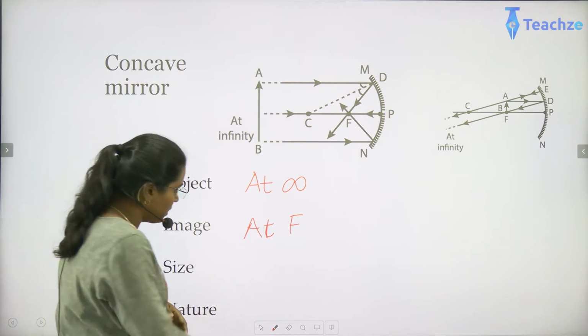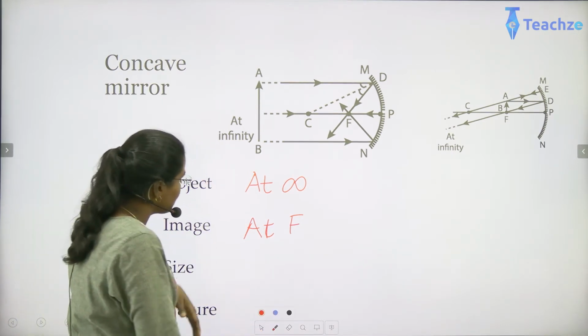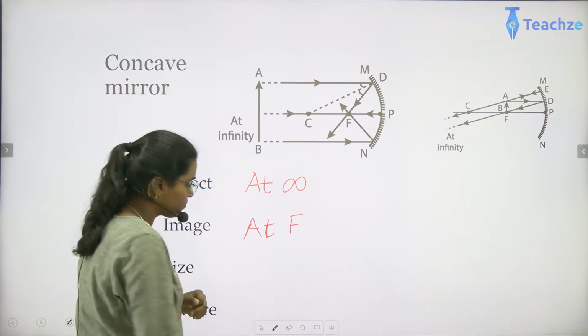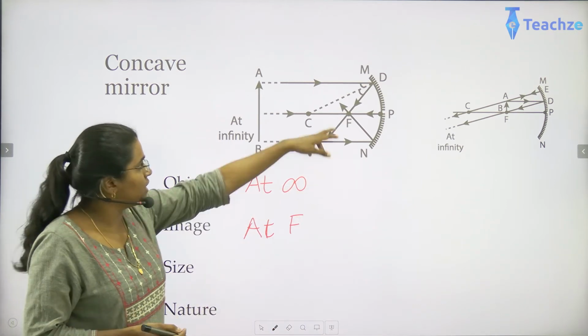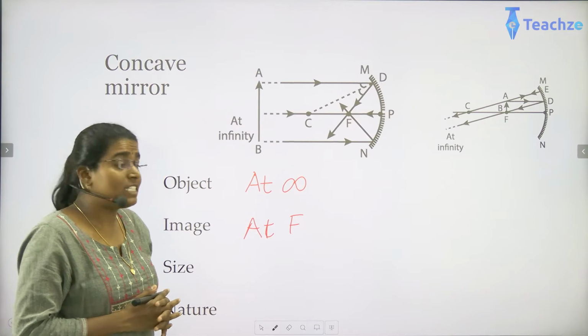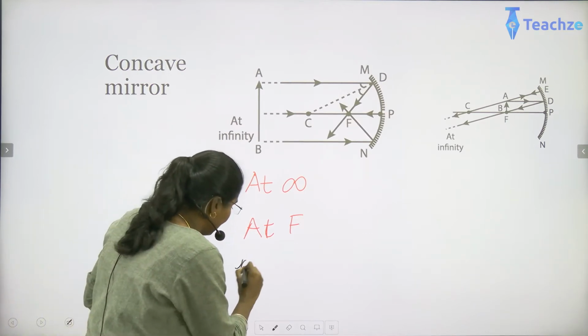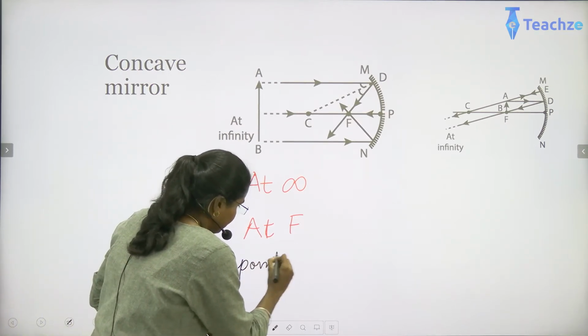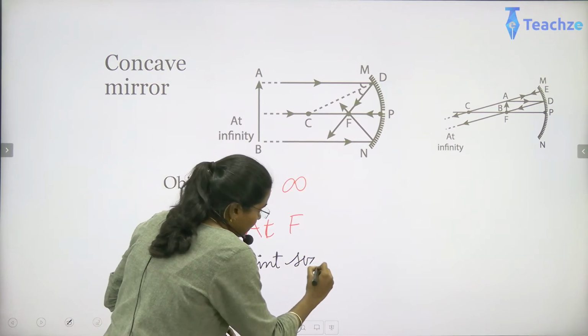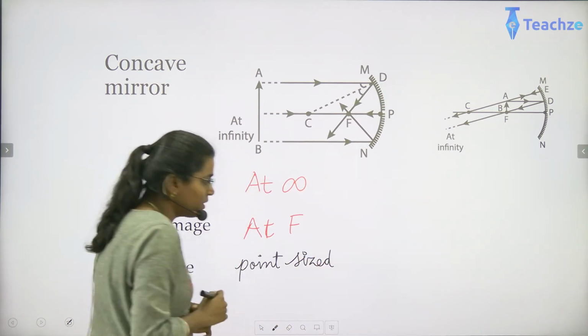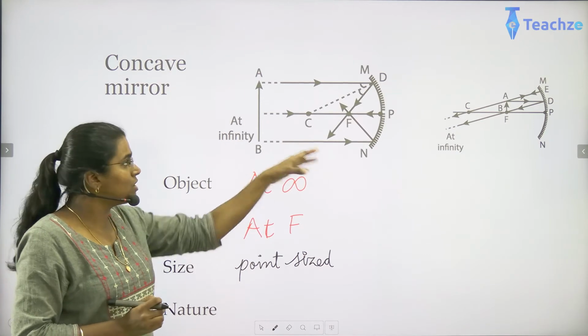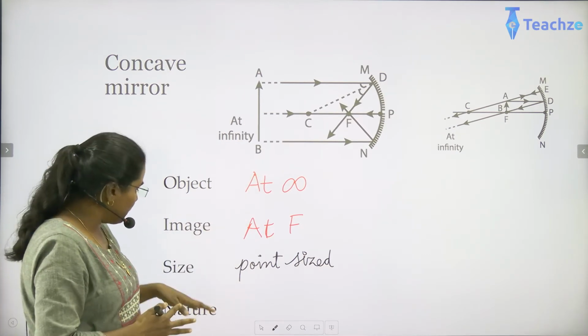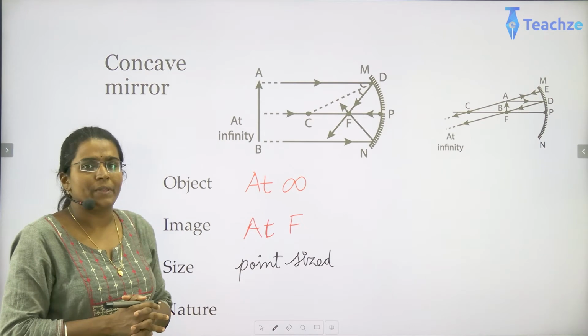Then what about the size of the image? It is point size, so it is highly diminished. And what will be the nature of the image?